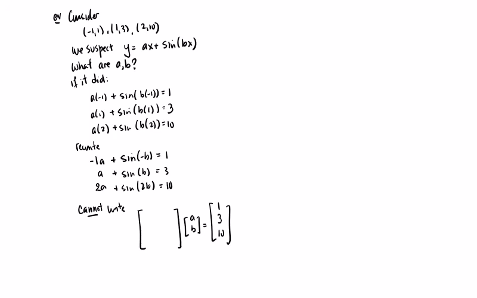You can try it, and it doesn't work because the equations themselves are not linear in the variable that we're interested in. In other words, it's not a constant times b. It's a constant times a, that one's okay, but it's not a constant times b, and there's no way to do this. So what that means in this case is that least squares will not work. We need other techniques.